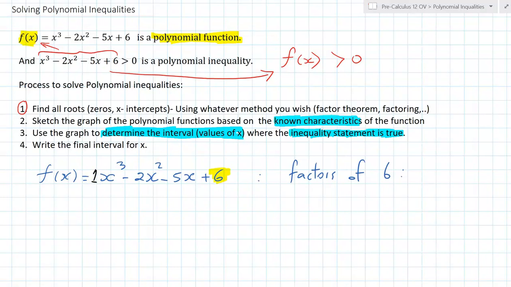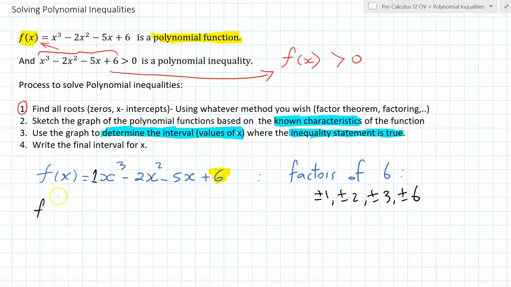So the rational root theorem says take all the factors of 6 and all the factors of 1, divide them and list them, but it turns out to be all factors of 6 anyway. So what are they? Well, we have plus or minus 1, plus or minus 2, plus or minus 3, plus or minus 6.